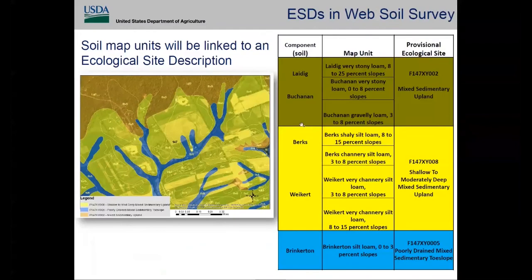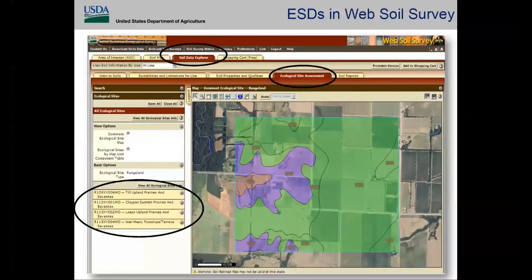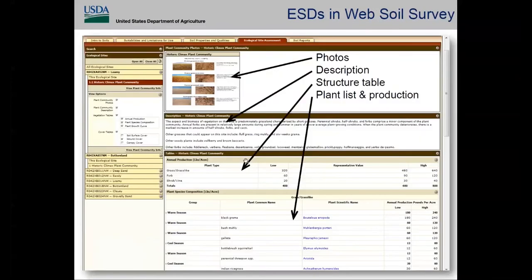Here are some that are actually located in Web Soil Survey under the Soil Data Explorer tab, Ecological Site Assessment, Ecological Sites tabs. And again, you can search for them and play around with Web Soil Survey. Here's a photo of that. It shows photos, a description, various tables.